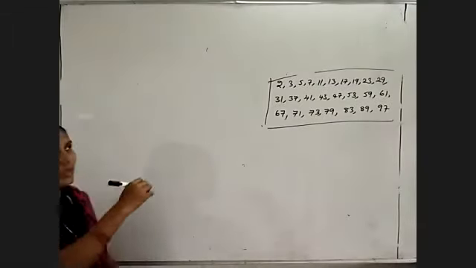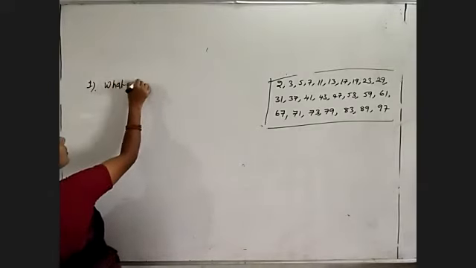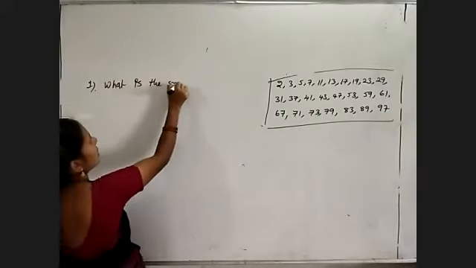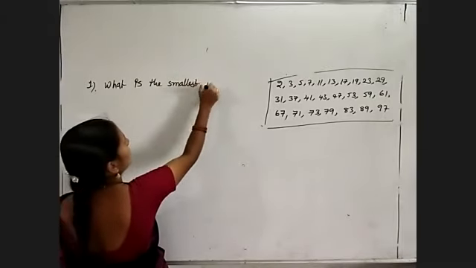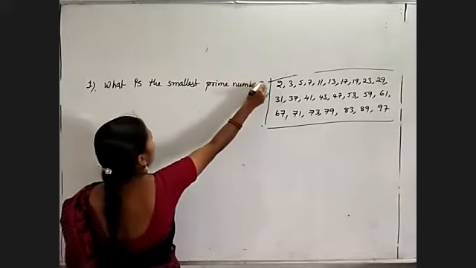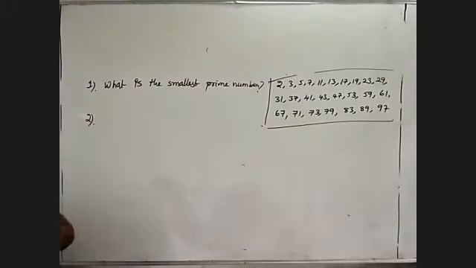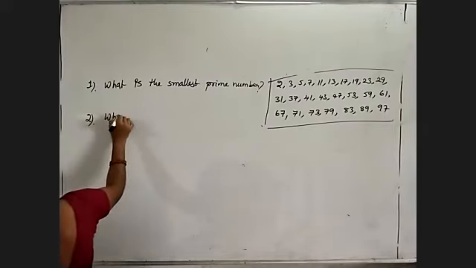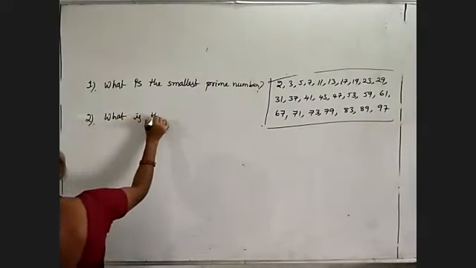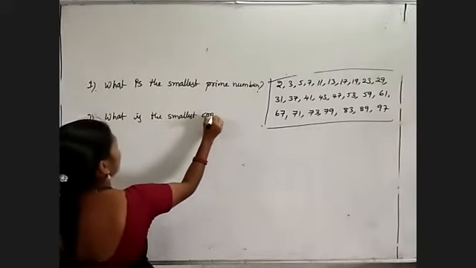What is the smallest prime number? And second question, what is the smallest composite number?